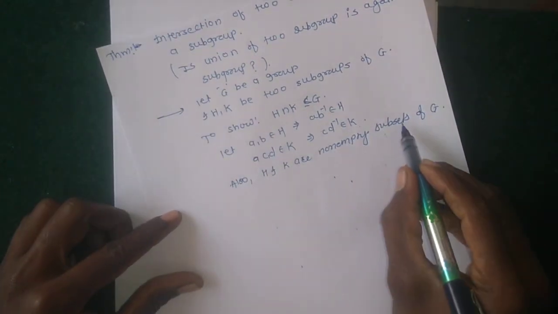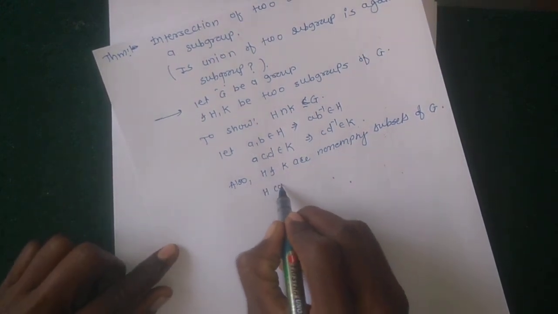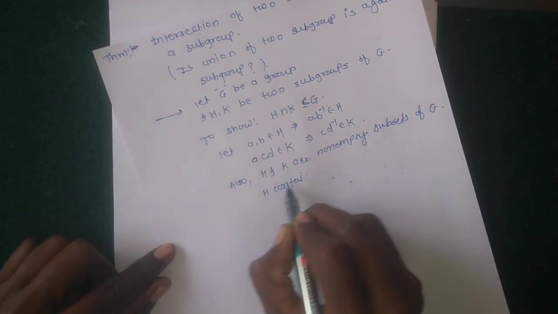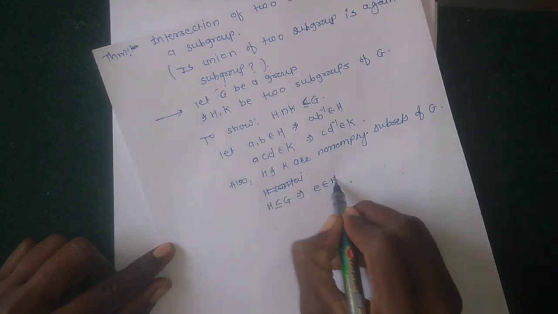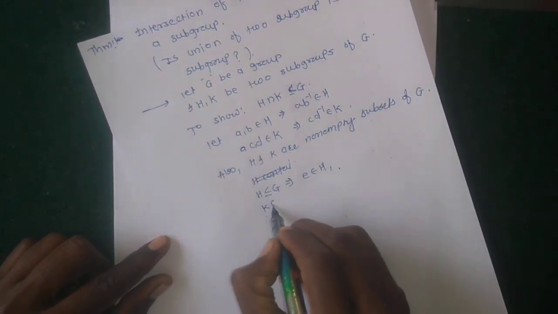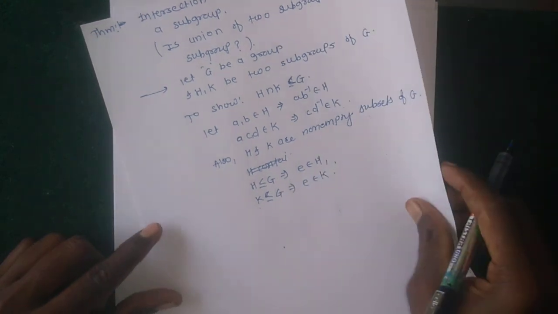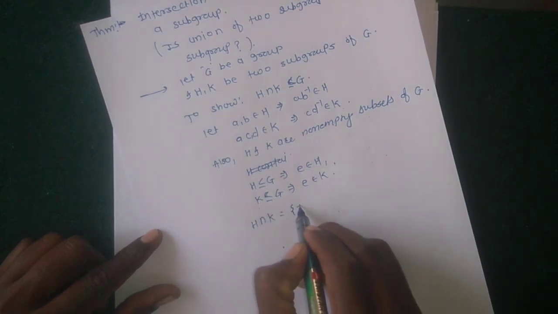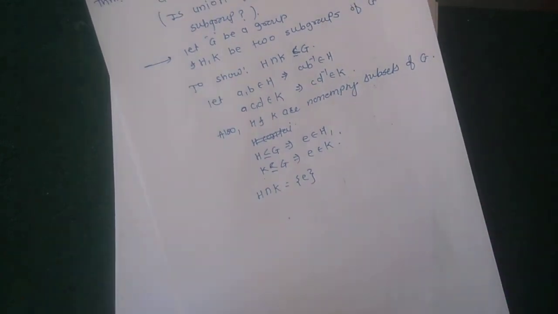Here H is a non-empty subset of G. H and K are subgroups of G, so symbolically H is a subgroup of G, which implies that the identity element belongs to H. Also K is a subgroup of G, which implies that the identity element also belongs to K. Then in their intersection, the identity element must be in their intersection.